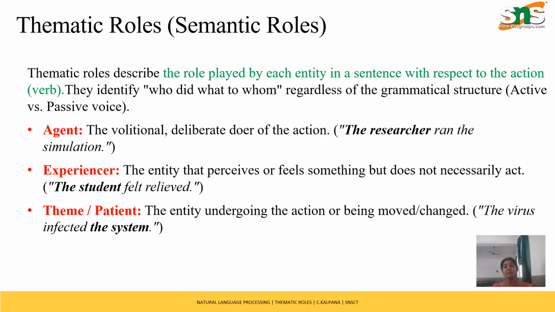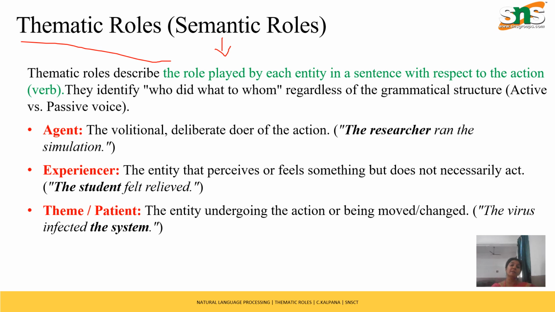Next is our thematic roles. This is our today's topic. We also call this semantic roles. Semantic means meaning. In our English grammar, if a sentence is given, we have to segregate what is the subject, which one is the object, which one is the verb, the predicate.